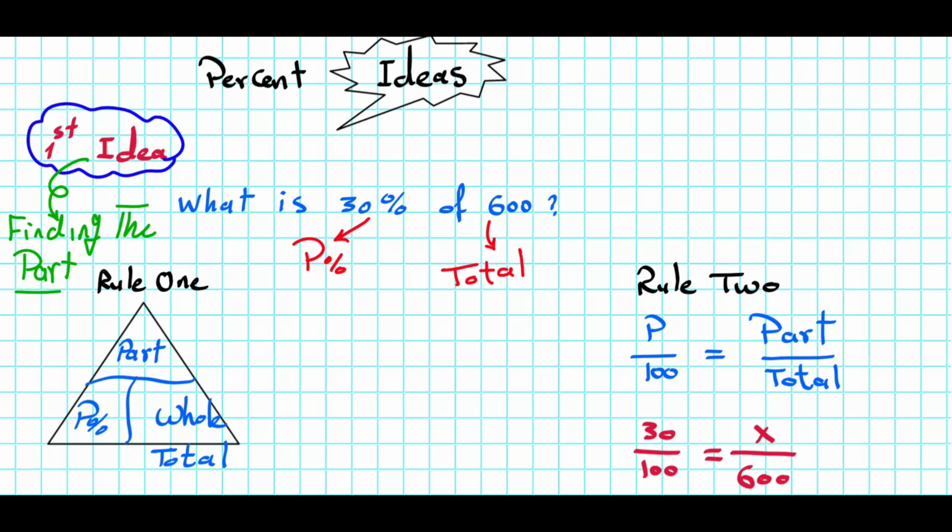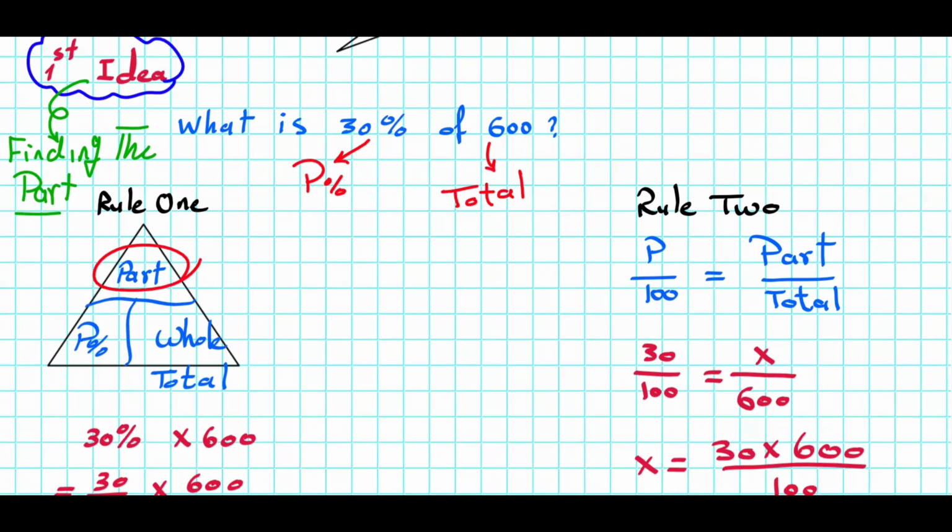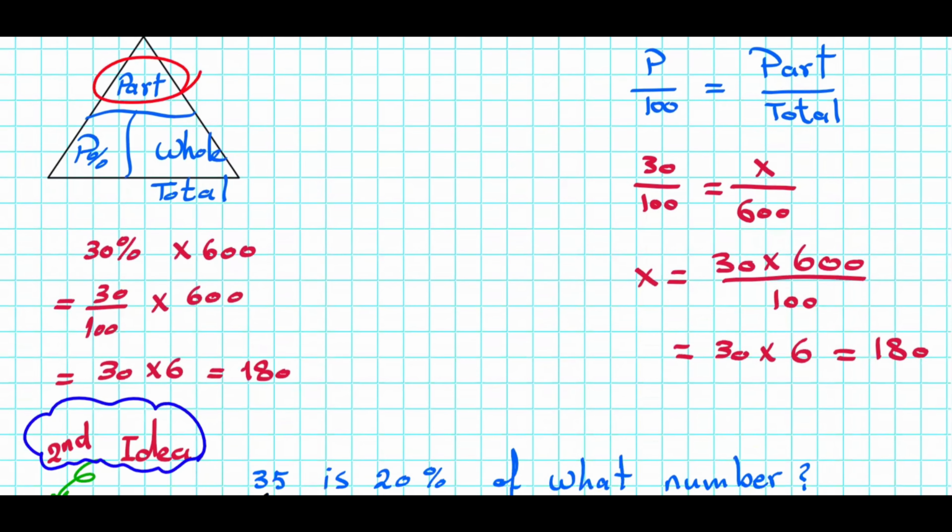So using the rule here, I want the part, so I'm going to multiply the percent by the total. I'm going to multiply the 30% by 600 like that. 30% means 30 over 100 multiplied by 600. So by canceling zeros, we got here 30 multiplied by 6, it will be 180.